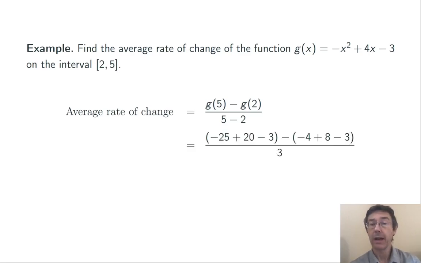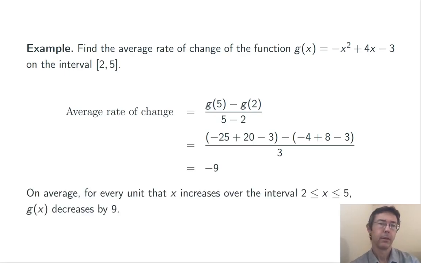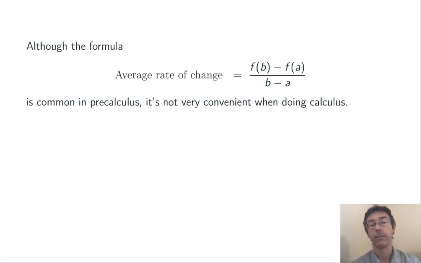Then we plug 5 and 2 into the formula for g of x, simplify, and we get -9, the average rate of change of g of x from 2 to 5. One other interpretation here. On average, as x increases over the interval 2, 5, for every unit it increases, the y value is going to decrease by 9 units.